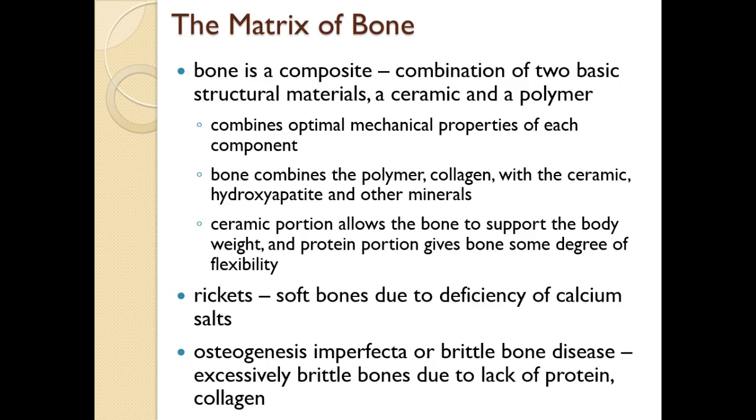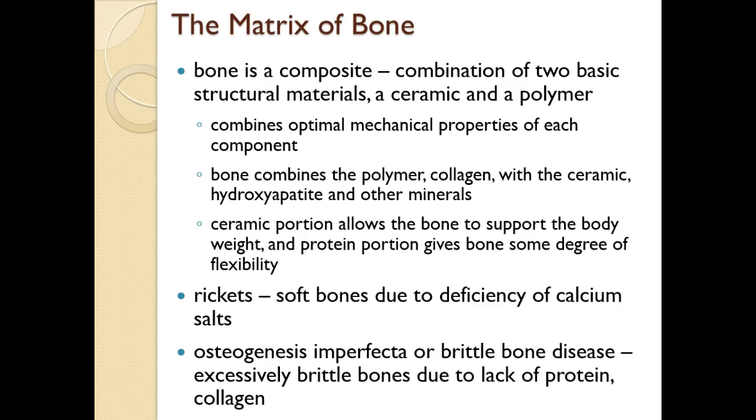You have sort of a ceramic component and a polymer component. The two combine optimal mechanical properties and allow bones to be flexible, but also rigid and tough, so they're not easy to break.